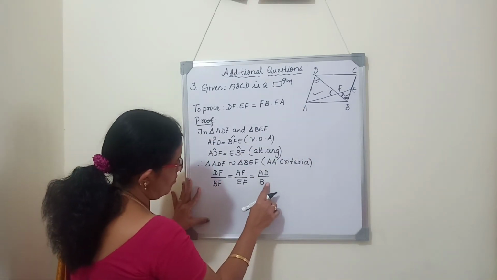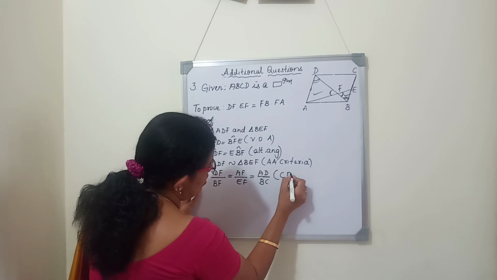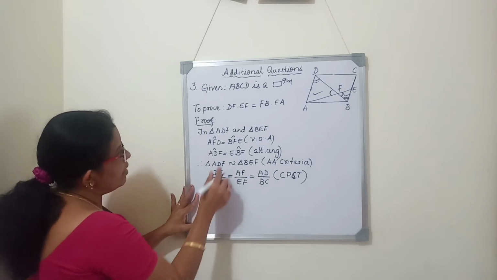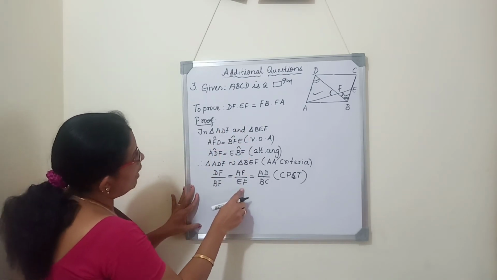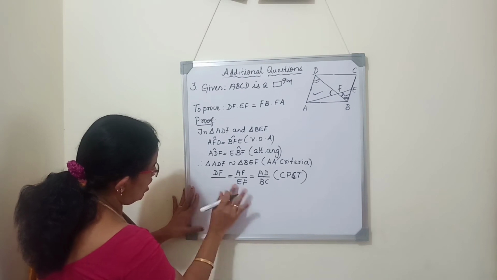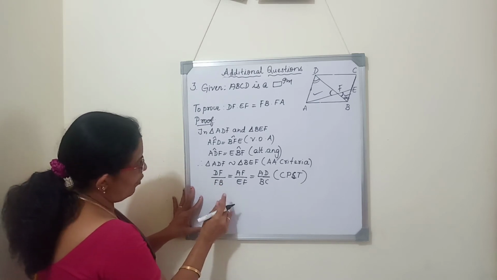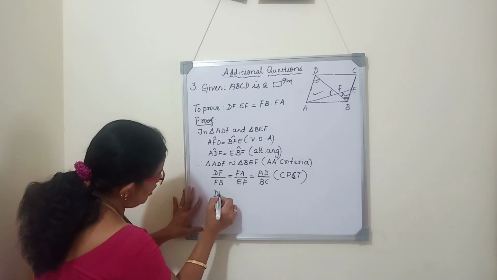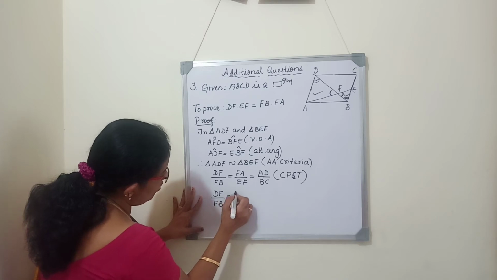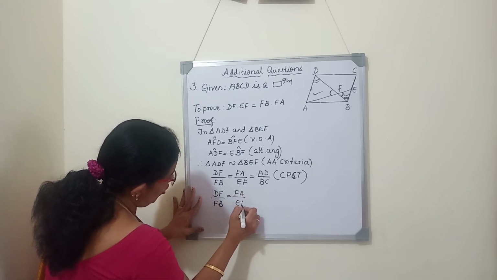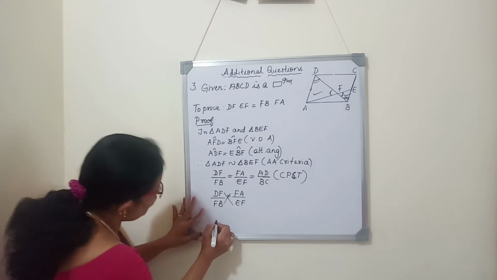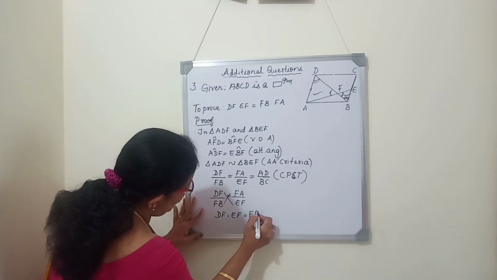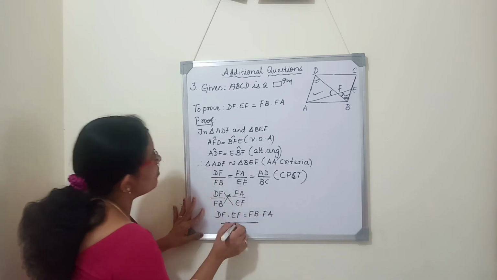CPST. Now we want DF, EF, FB and FA. So the first two ratios once again: DF by FB is equal to FA by EF. Cross multiply: DF into EF is equal to FB into FA. So we prove.